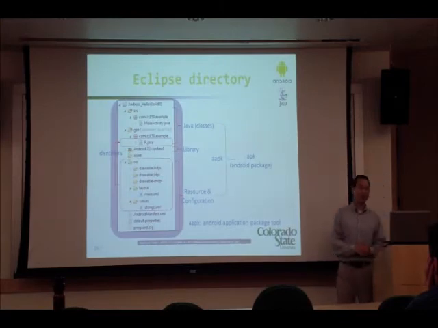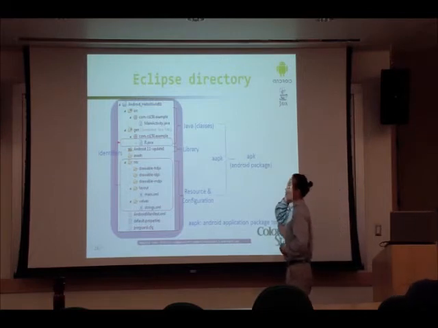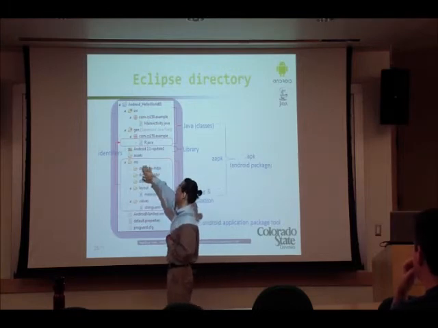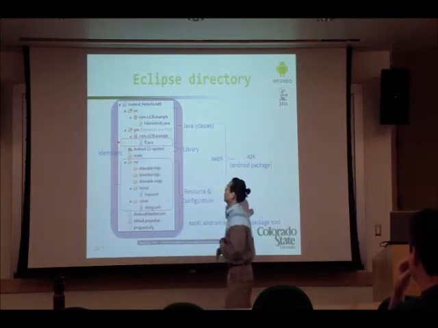Okay. So once you finish your project creation, you must see this Eclipse directory. We have a source directory, gen directory, resource directory, and some libraries here. Under the source directory, we have all the activities.